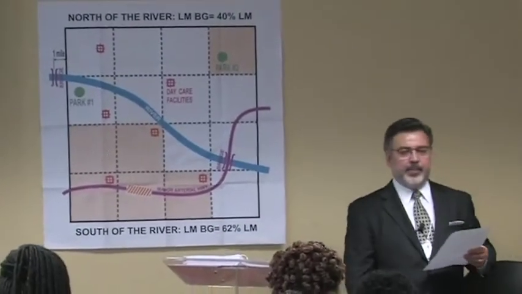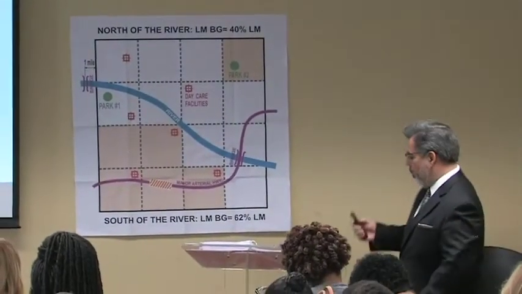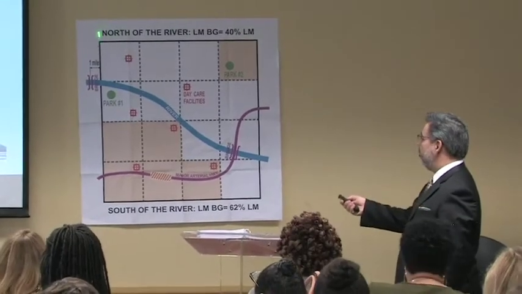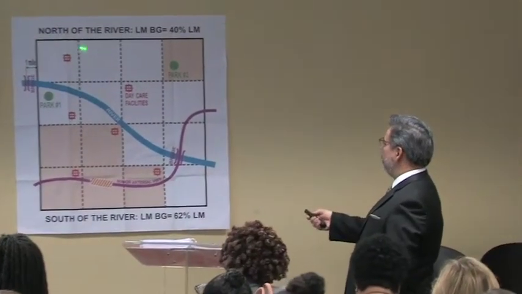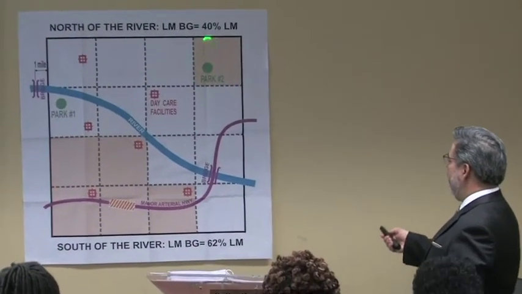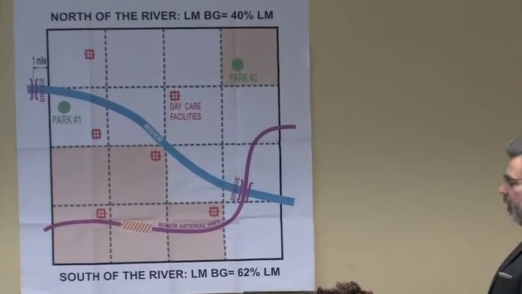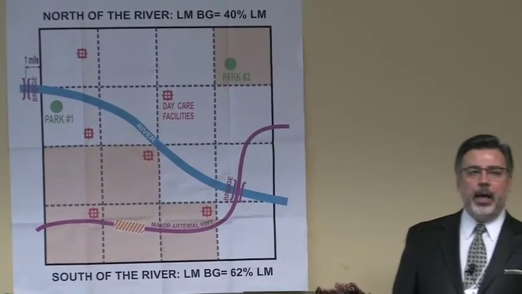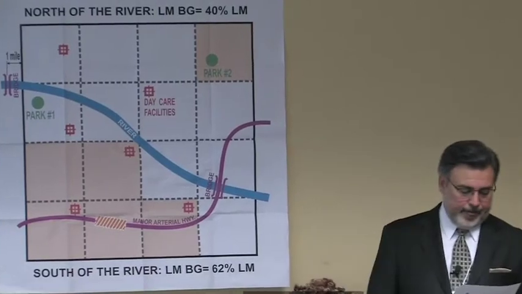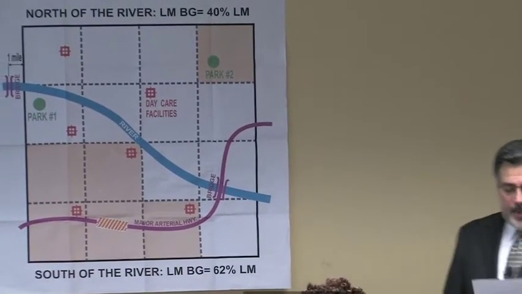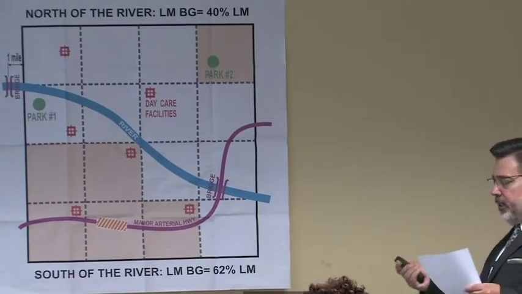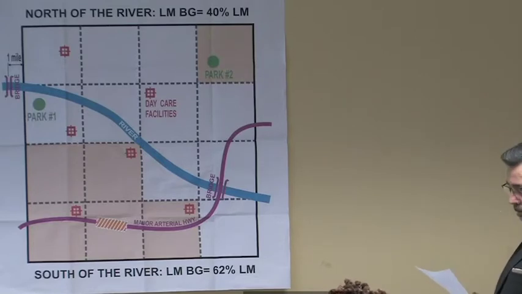The city is approximately 1 mile square. 1 mile, 1 mile. So each one of these squares, which is actually a block group, is approximately a 1/4 mile each, okay? Again, each grid represents a census tract block group.